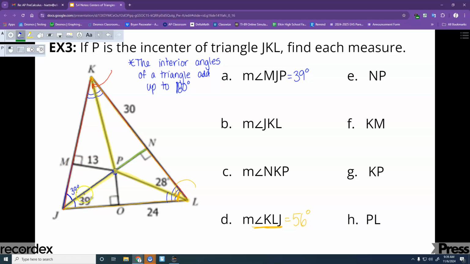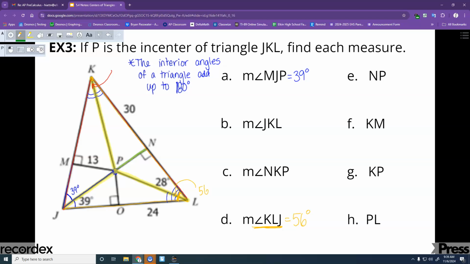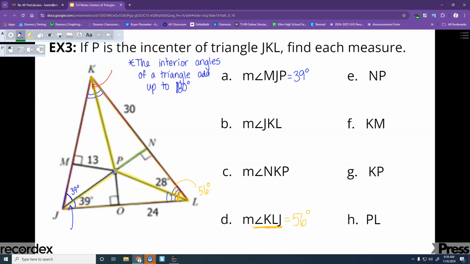So if I put those together, that's going to be 78, right? This angle right here is 56, which I didn't write down. Hold on. This is 56 degrees. And so this whole angle right here would be 78 degrees. This one's 56 degrees.